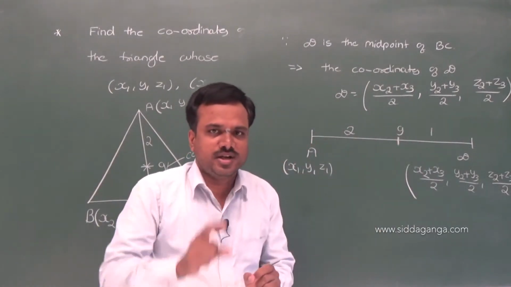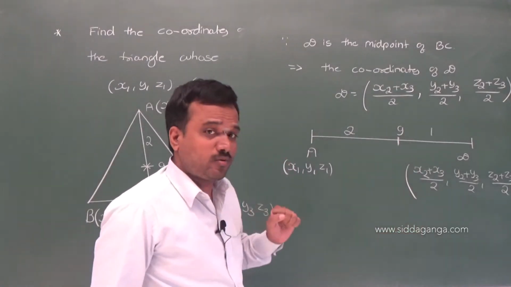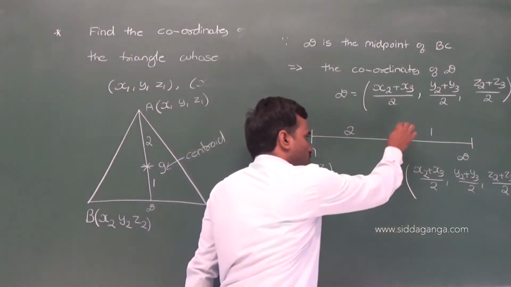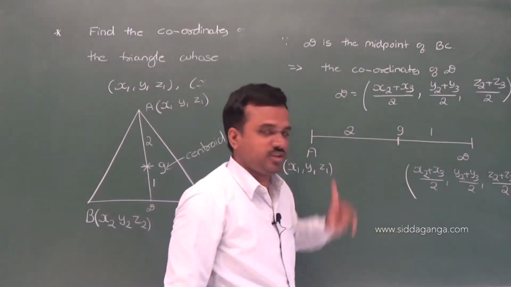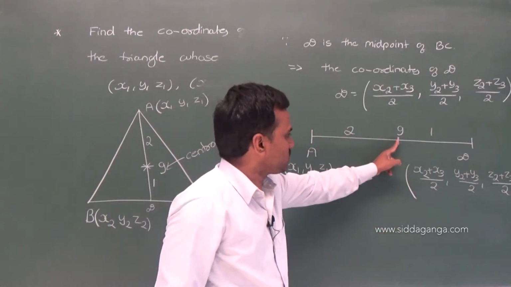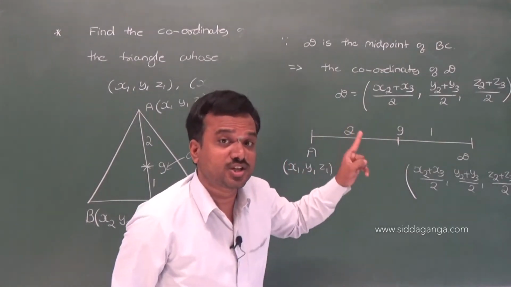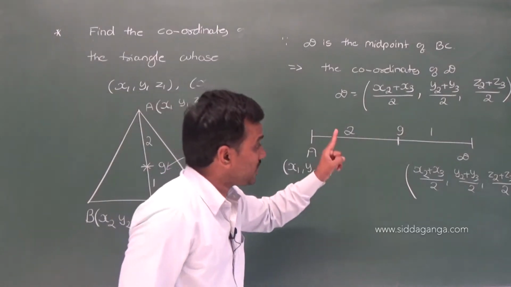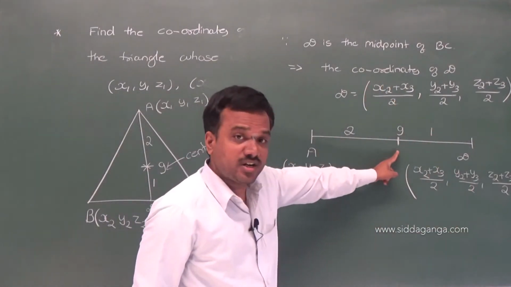G divides the line joining AD in the ratio 2:1. What is our role? Our role is to find the coordinates of G. So we use which formula? Section formula for internal division. Why do we use internal division?